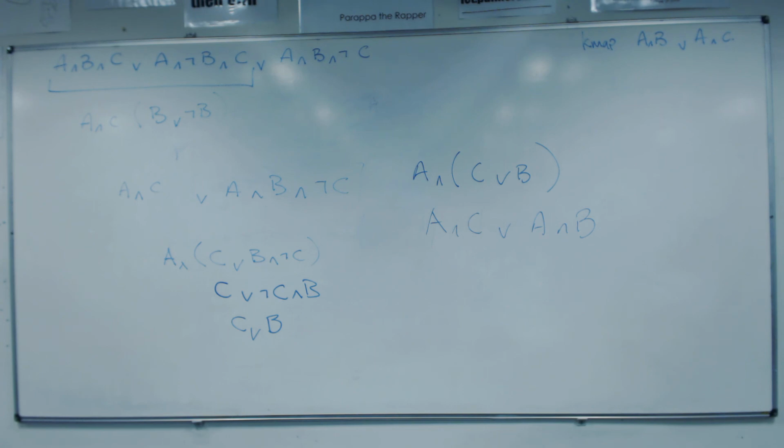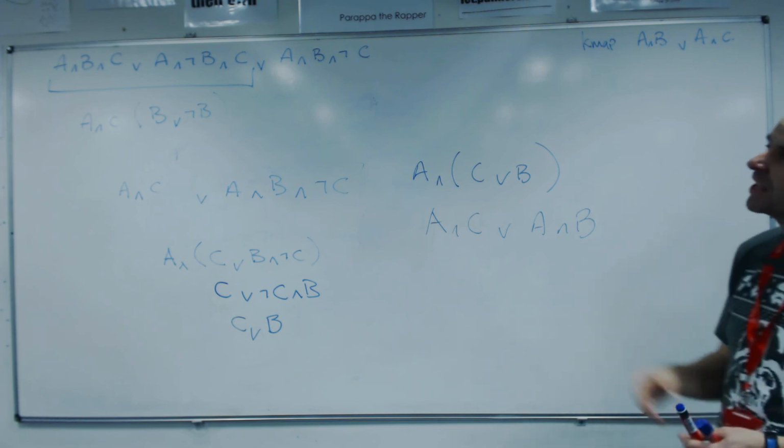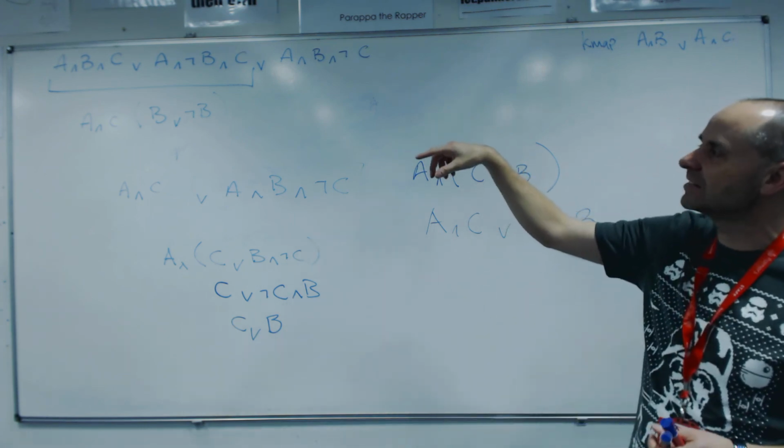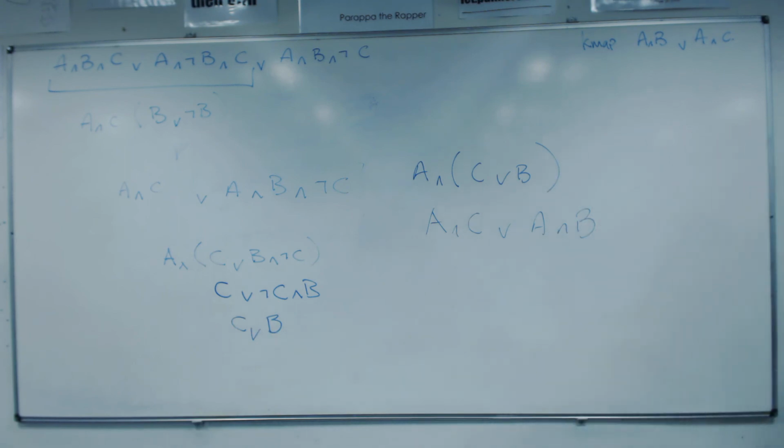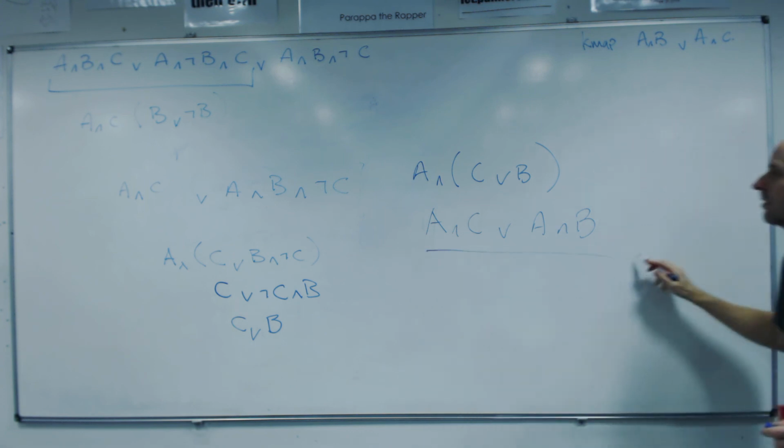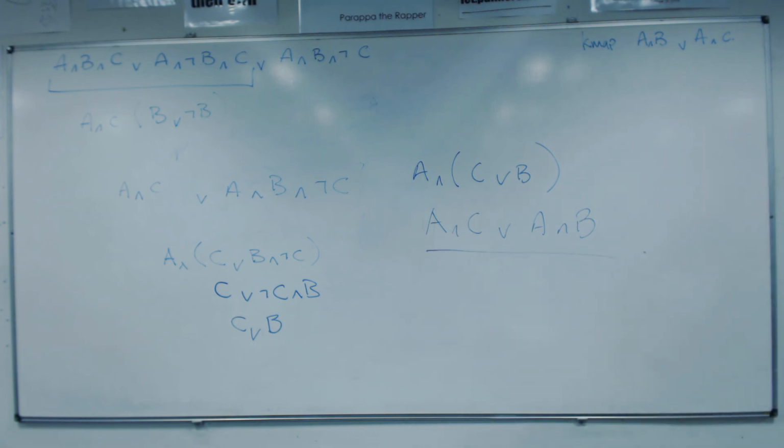But it is the absorption rule that gets you out of lots of horrible situations. If you can do the common factors, you're trying to get a common factor that leaves you with something that cancels out, that reduces. Okay? Right. Let me stop that one.